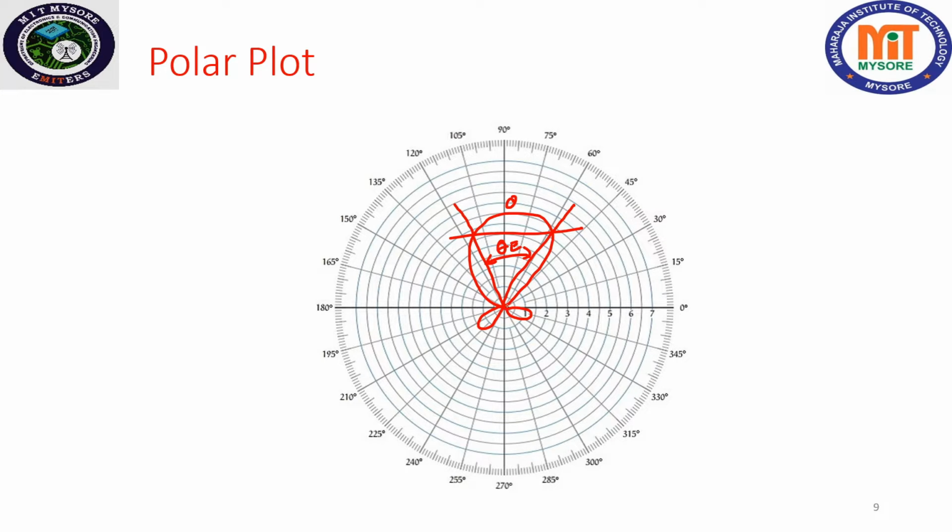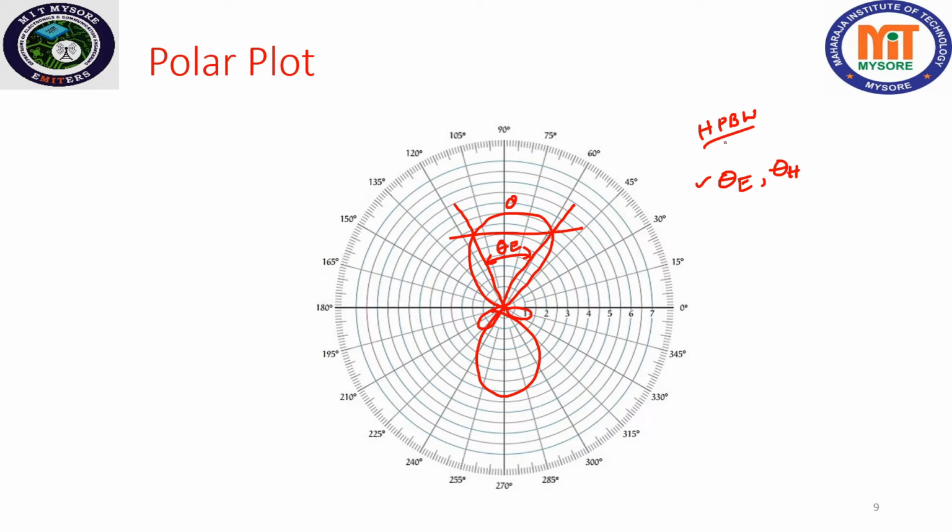For the magnetic field it will be theta H. You can draw on the other side, and using theta E and theta H you can calculate the gain and directivity.